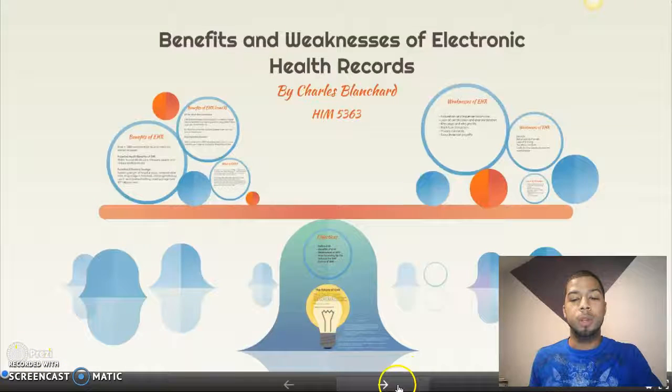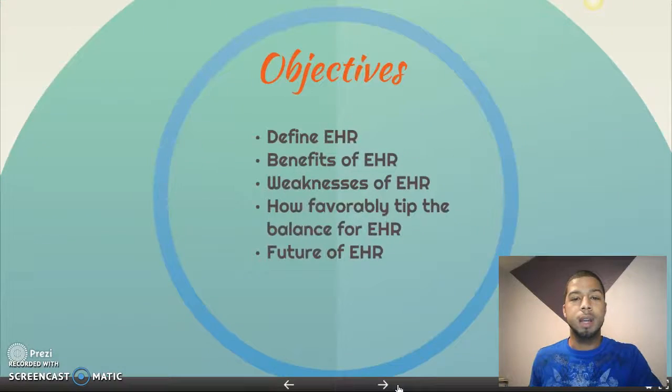So I want to go ahead and move into the objectives of today, which is to have a better understanding of the difference between EHR and EMR.